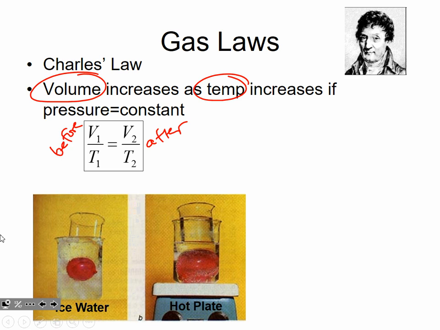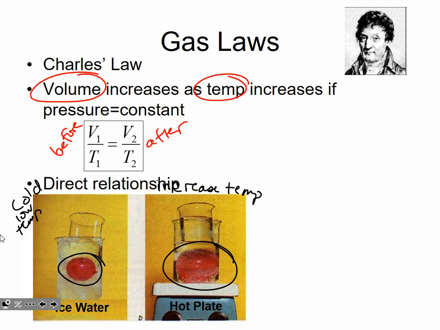On the left, it is very cold, so it's a low temp, and the balloon is smaller. Then as we increase the temp, if we put it on a hot plate, the gas particles are speeding up, so they're going to be colliding with the walls of the container, and they're going to push the container out higher, and the volume is going to get larger. So this is a direct relationship between temperature and volume.